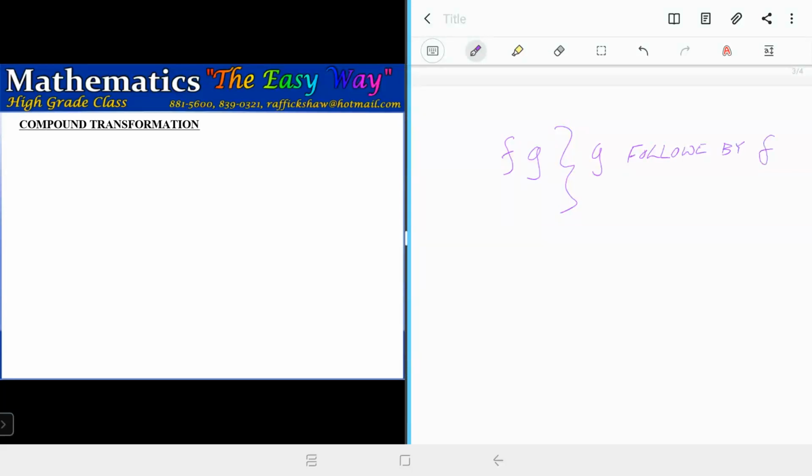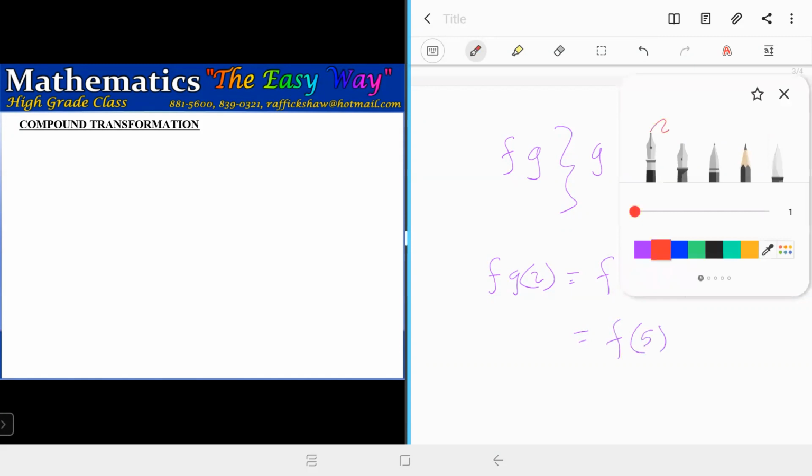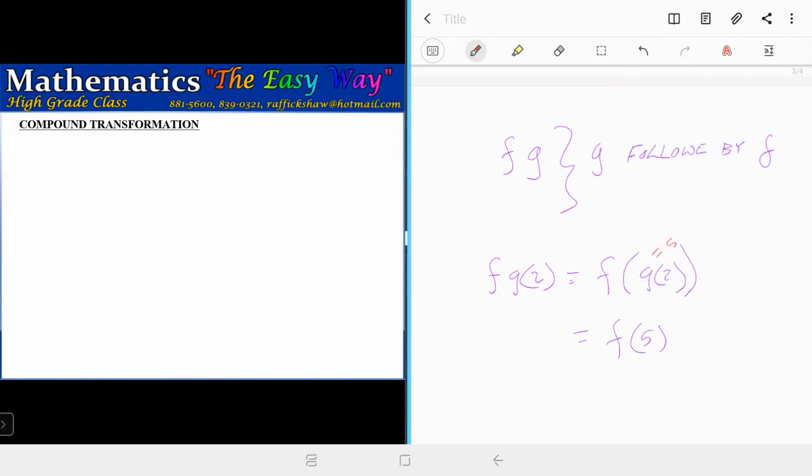This one first, followed by that one. If we had, for example, f of g of 2, we have to do the g of 2 first. Then if g of 2 works out to be 5, it becomes f of 5.